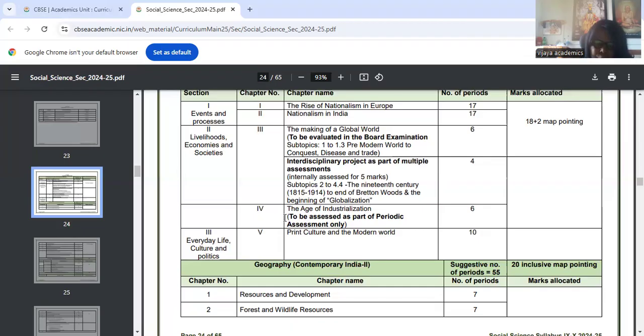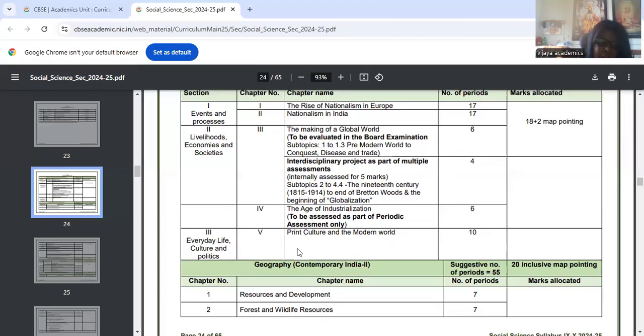Next, the fourth chapter is the age of industrialization. This is also to be assessed as part of periodic assessment only. This chapter will not be there for the board exam, and the number of periods given for this topic is 6.